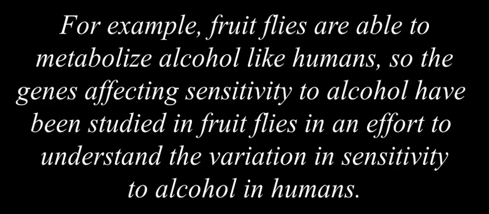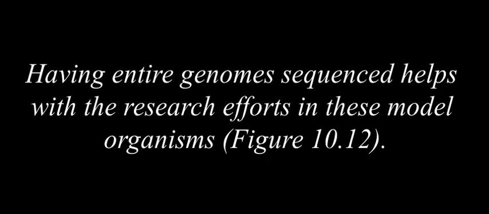For example, fruit flies are able to metabolize alcohol like humans, so the genes affecting sensitivity to alcohol have been studied in fruit flies in an effort to understand the variation in sensitivity to alcohol in humans. Having entire genomes sequenced helps with the research efforts in these model organisms.